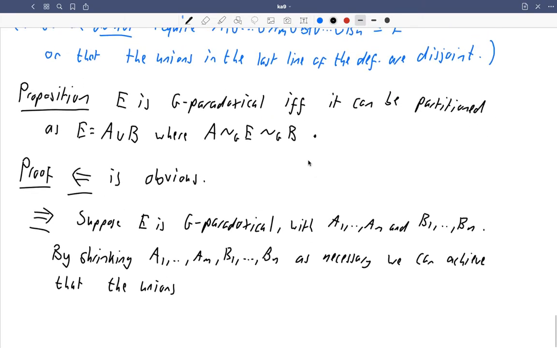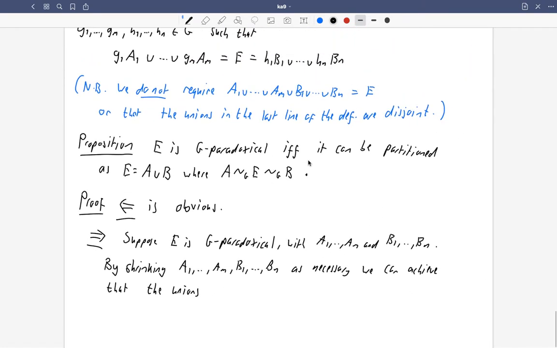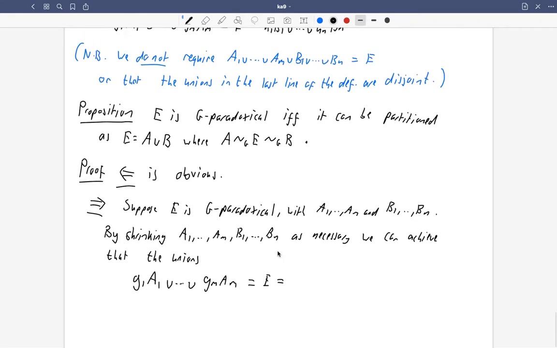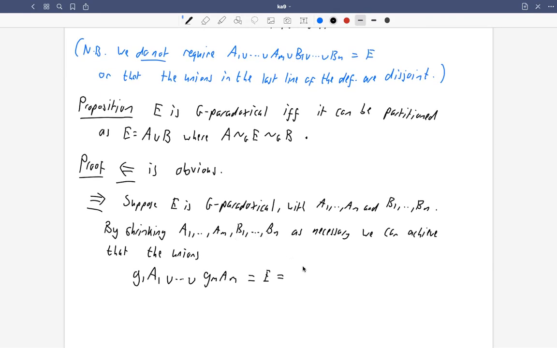So in fact, it's very easy to put that disjointness requirement into the definition of G paradoxicality. If you do that, then there's one more thing you need to verify. It's easy to achieve that these unions are disjoint.